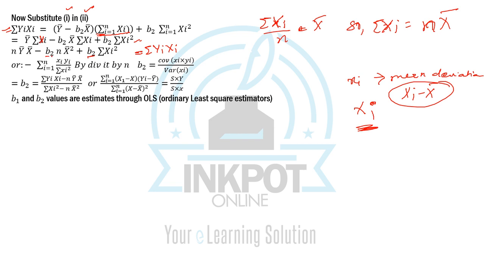We'll just take b2 common and send this term here and just divide the denominator with this. So after doing that, we'll get summation xi yi divided by summation xi square. So there they are mean deviations. Mean deviations. So that's why small letters.